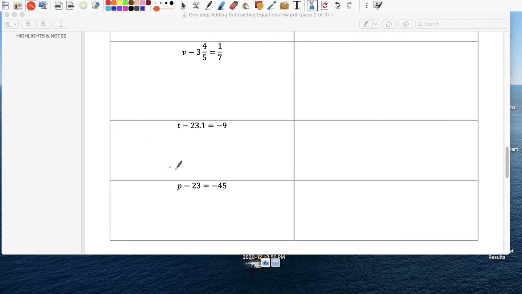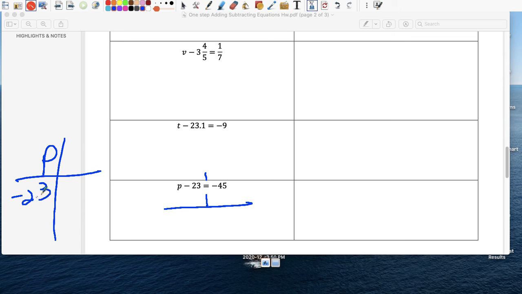Last one, it's really simple. Left and right side, what's my variable? P. What's happening to it? Minus 23. So to undo that, I'm going to add 23. So let's add 23 to both sides. Cross it out. P comes down. Negative 45 plus 23 is negative 22.